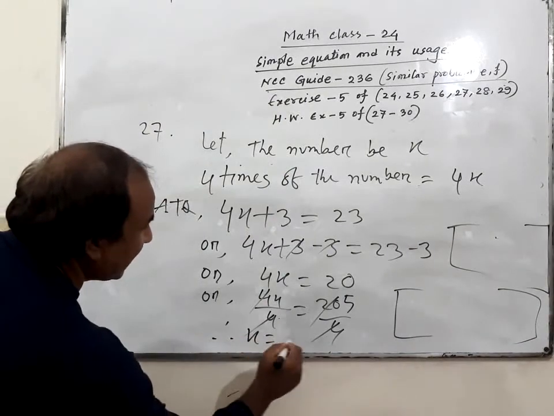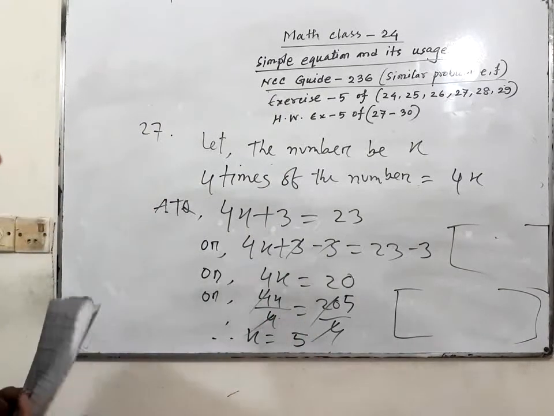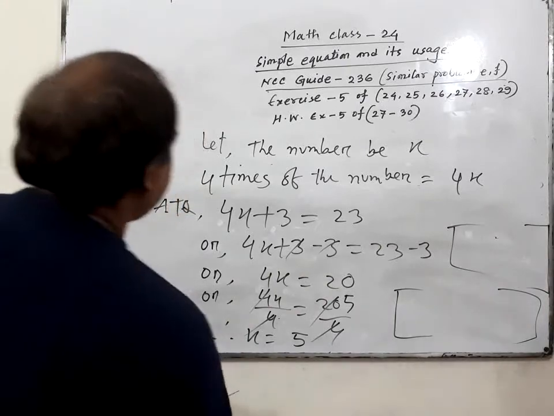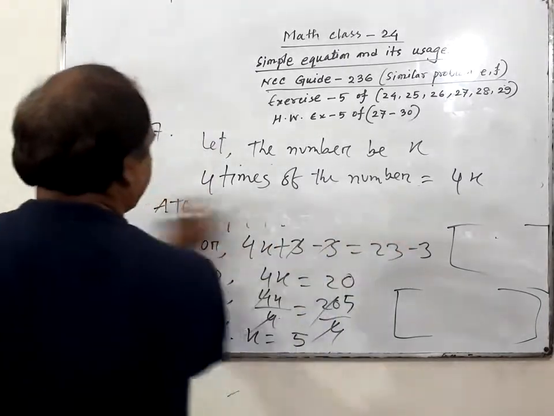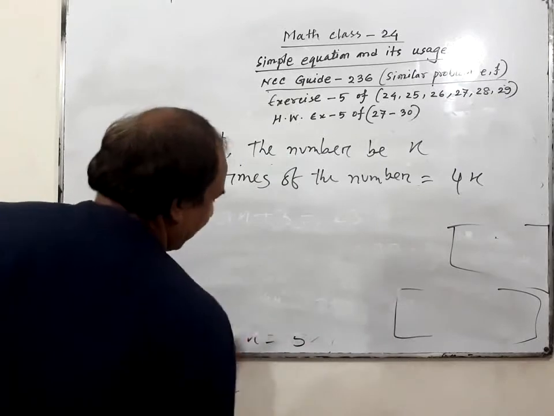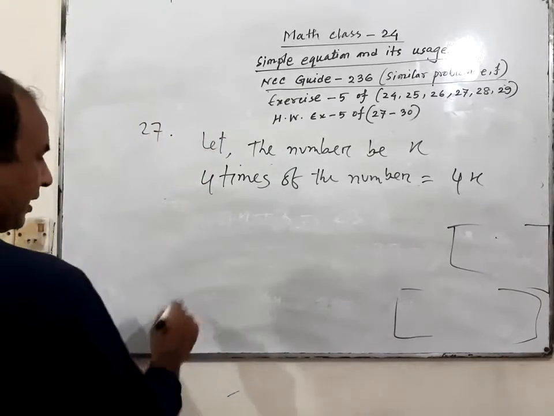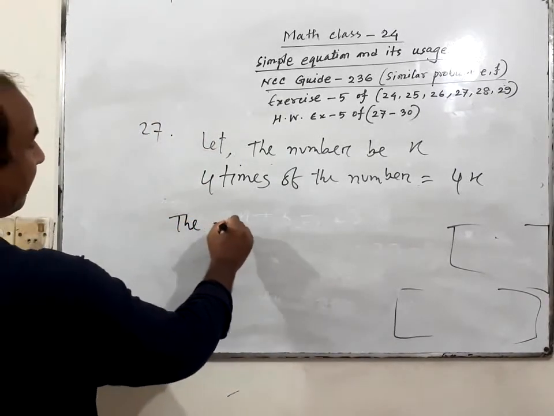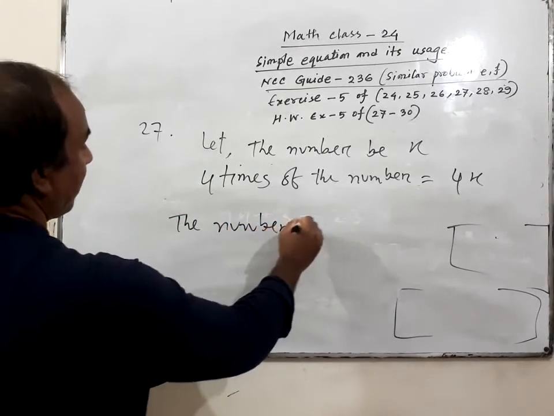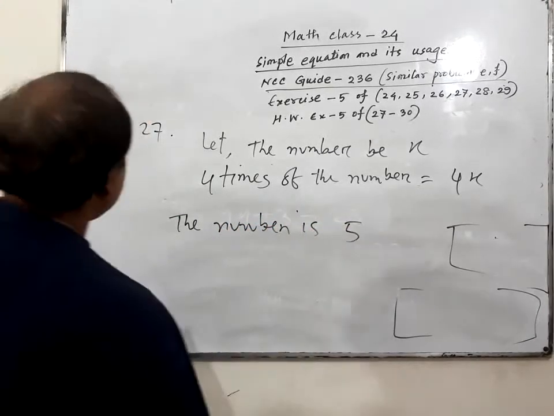So the result is x is equal to 5. The number is 5. We have to write: the number is 5.